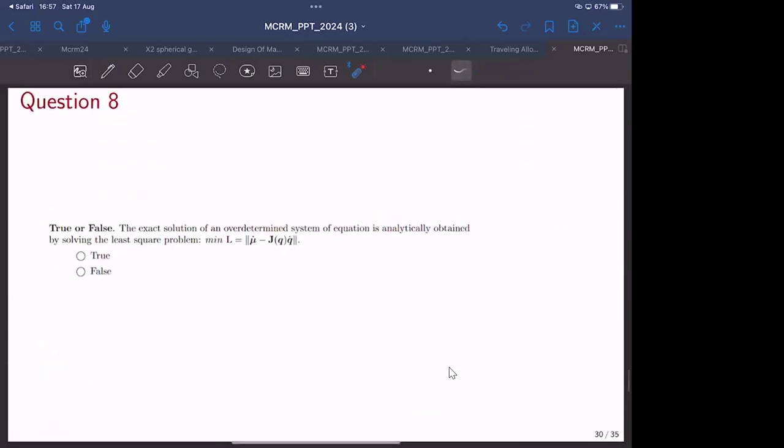Okay, moving on to question 8. The exact solution of an overdetermined system of equations is analytically obtained by solving the least square problem. If you are minimizing this objective function, you will get an exact solution. Is this true or false?